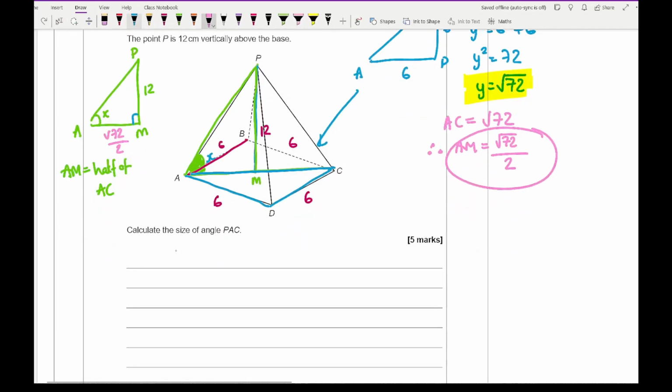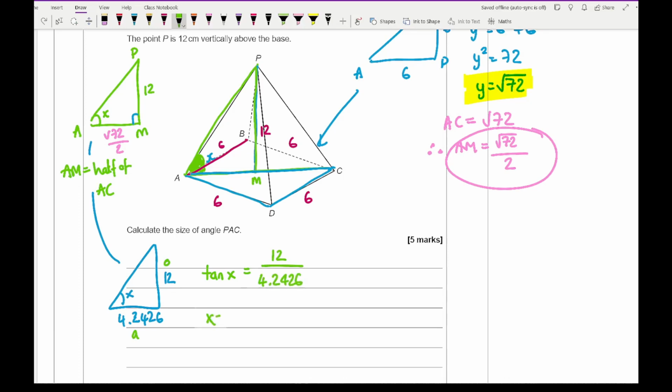So if I then work with this triangle here, let's move that down. And this is what I'm wanting to work out, I'm just going to call X. This is 12, and if I work out what root 72 divided by 2 is, it gives me an answer of 4.2426. So then using trigonometry, I've got the opposite and the adjacent, so I'm going to be using tan. So tan x equals 12 over 4.2426.